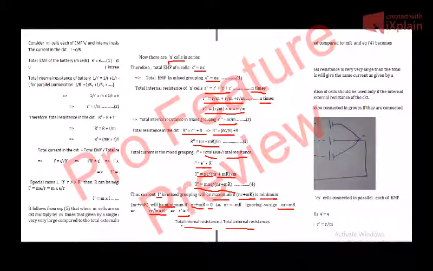So the current in mixed grouping will be maximum if the total internal resistance is equal to the total external resistance. As we have seen, if the total internal resistance is greater than the total external resistance, then cells should be connected in parallel. If the total external resistance is greater than the total internal resistance, then cells should be connected in series.